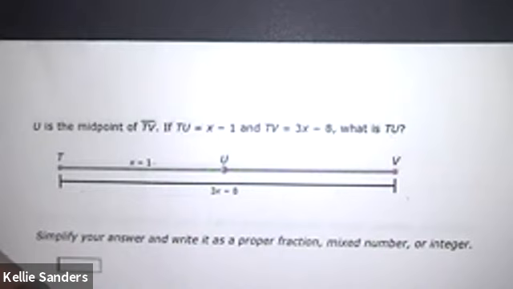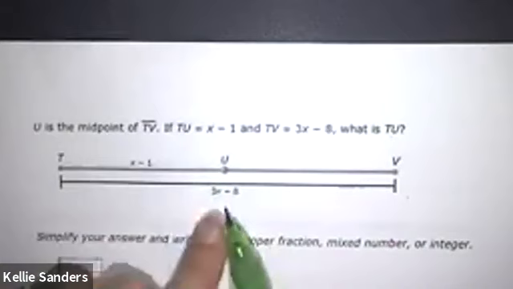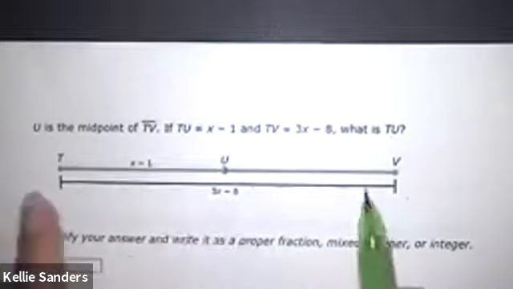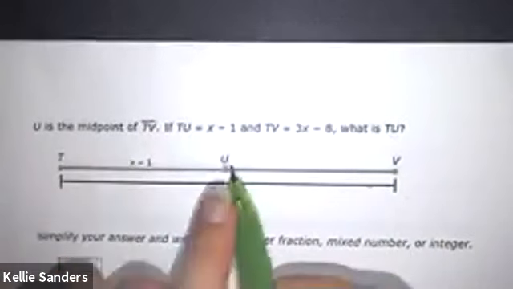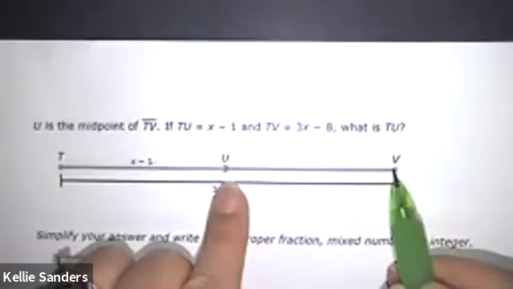How would I set this up as an equation, which means that I have an equal sign somewhere, to be able to solve for x? Well, x minus 1 is not the same length as 3x minus 8, because 3x minus 8 is the whole thing. What we do know is that TU is the same as UV.